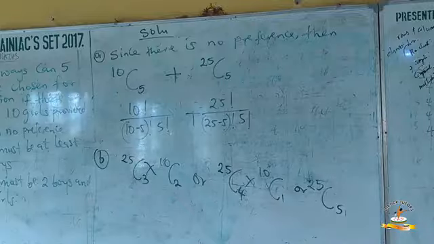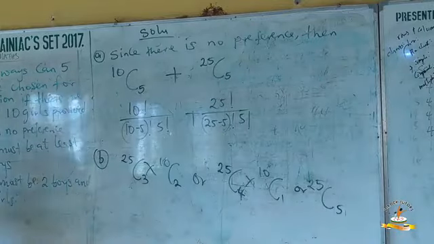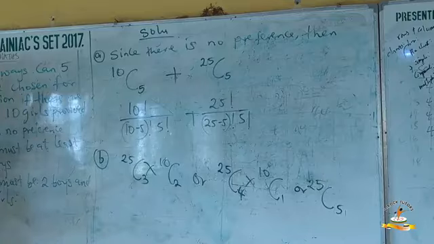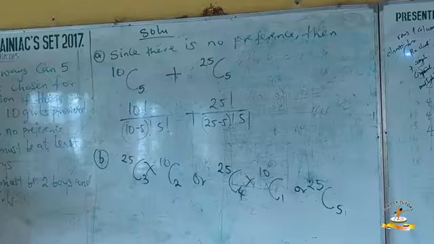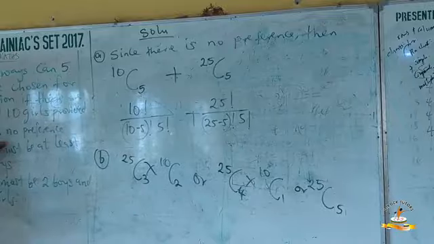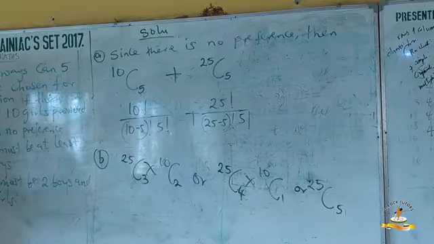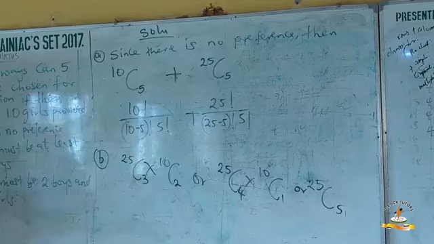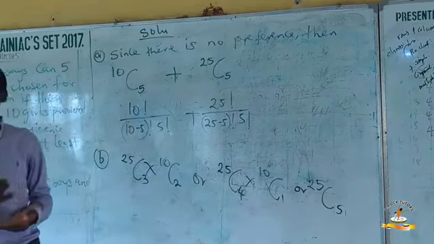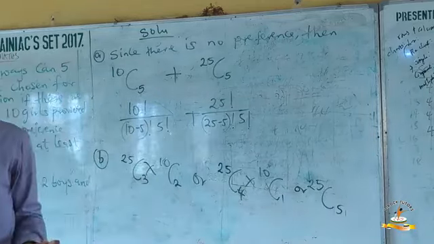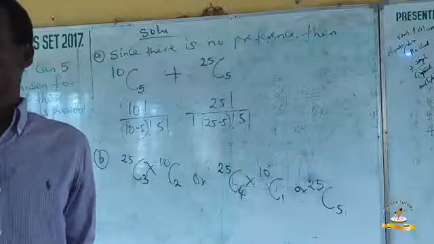You don't understand? Okay, let's take it again. The first one or the second one? The first one. No problem. When you say there is no preference, you can do as you wish.